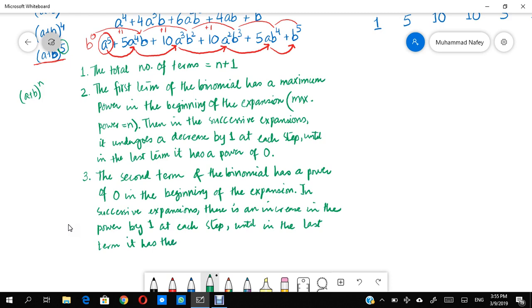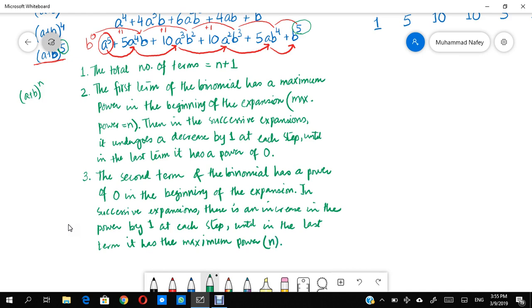And what is the maximum power again? N. That is, when we had (a + b) to the power of 5, n was equal to 5. And that is what the maximum power is going to be, both for a and b. Until in the last term, it has the maximum power, which is n.